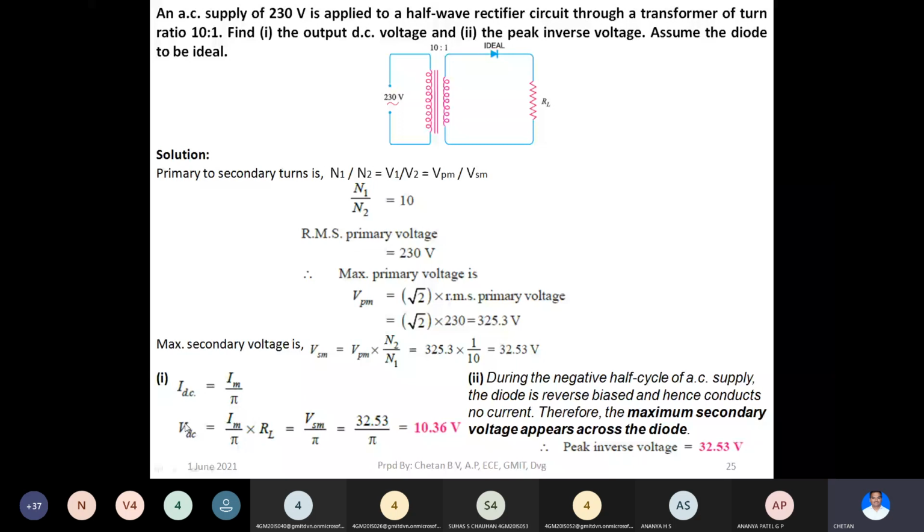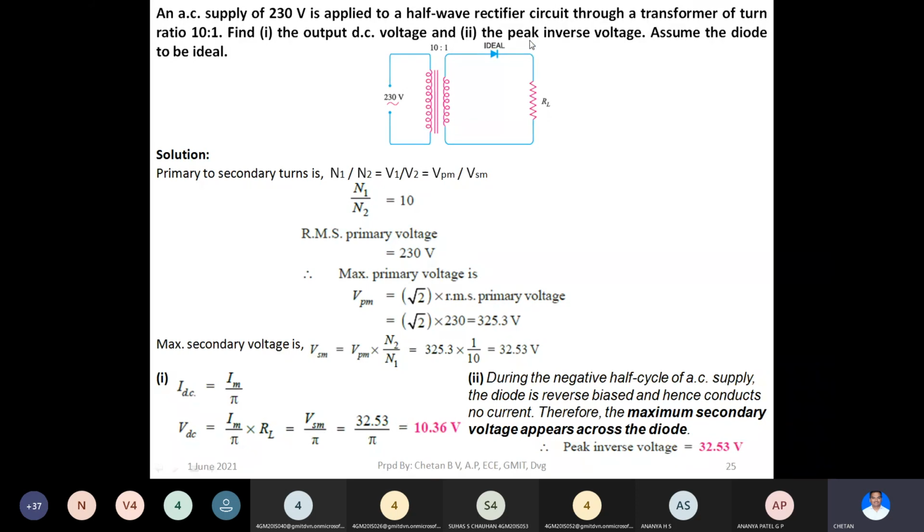We have taken this equation because we know the value of VSM. VSM is nothing but VM value. Therefore, this will be equal to VSM by pi, or VM by pi. VSM value is 32.53. So 32.53 divided by pi, you will get around 10.36 volt. So this will be the value for VDC, that is output DC voltage.